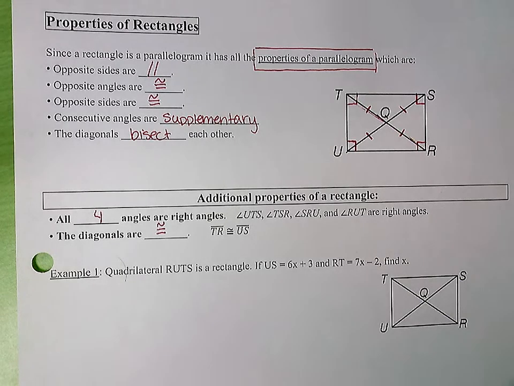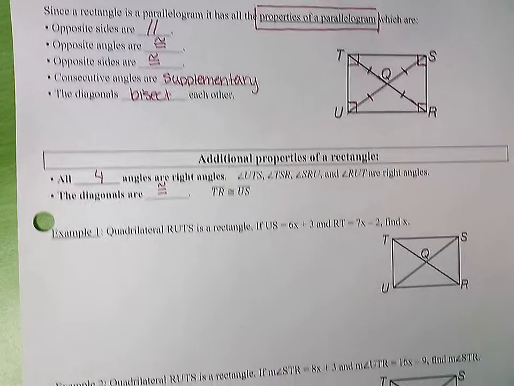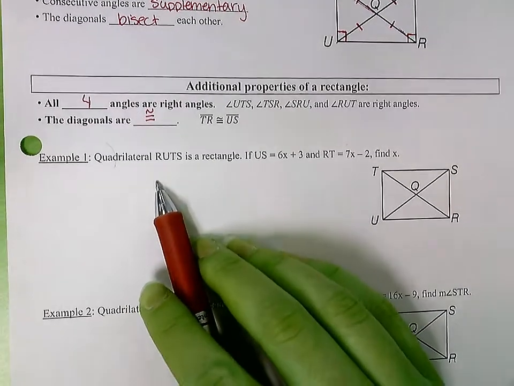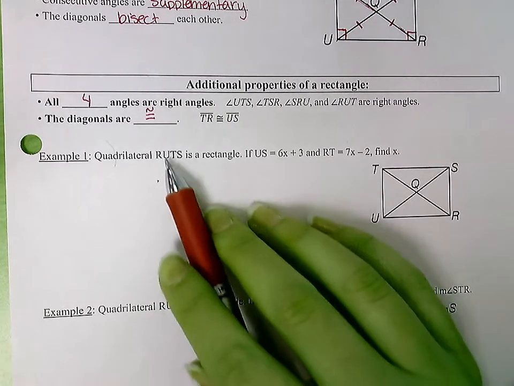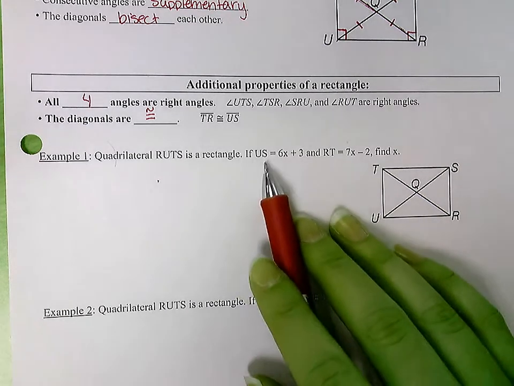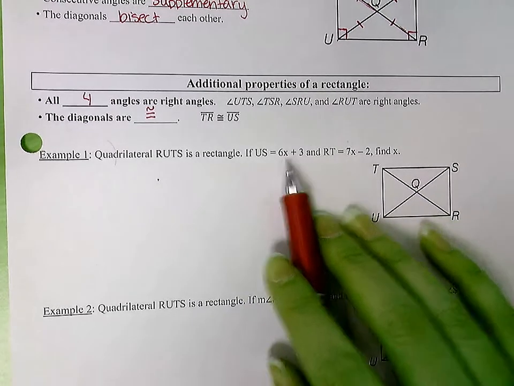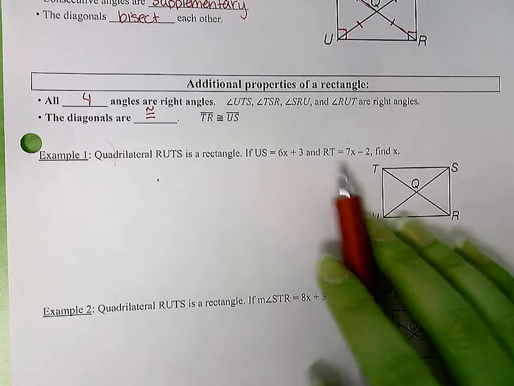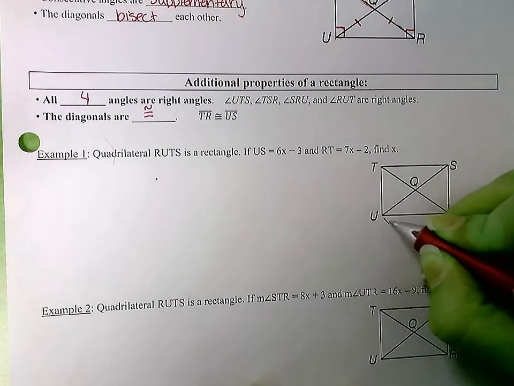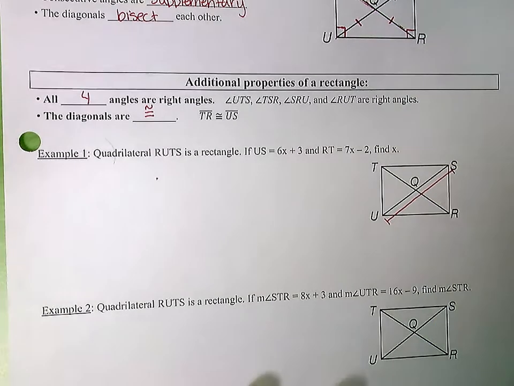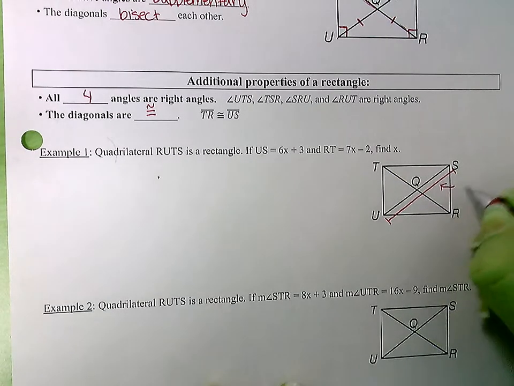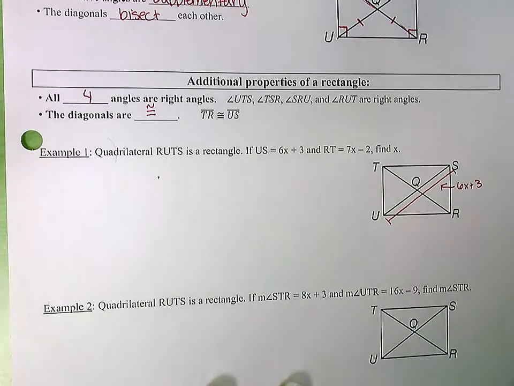All right, so we're going to go through some examples using these properties. My first example here, we have quadrilateral RUTS, at the right there. If US is 6x plus 3 and RT is 7x minus 2, we want to solve for x. US, that length is 6x plus 3.